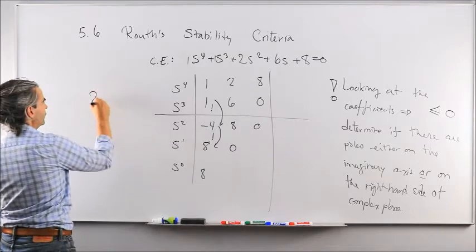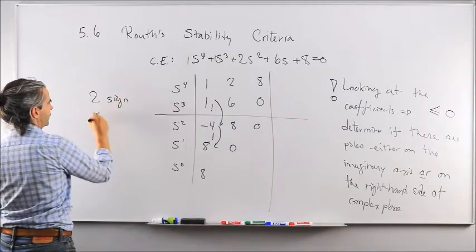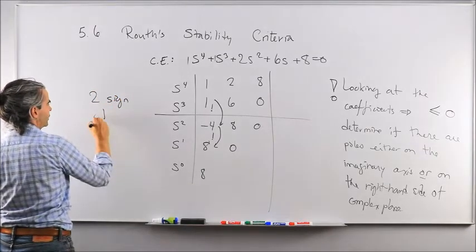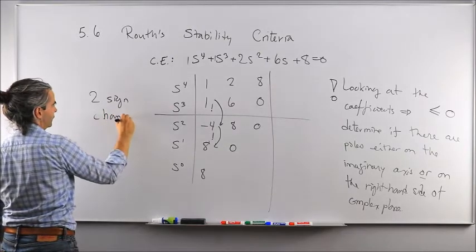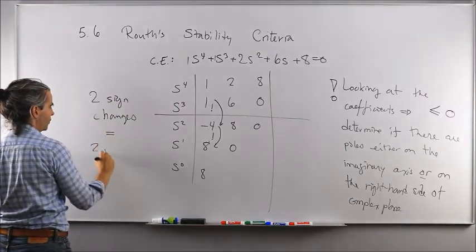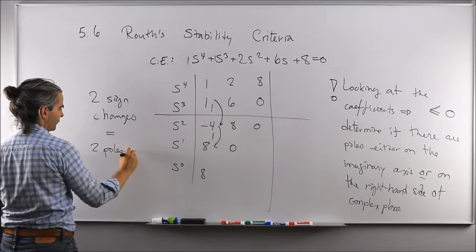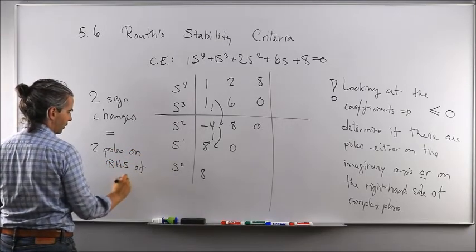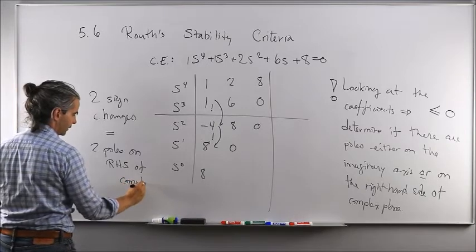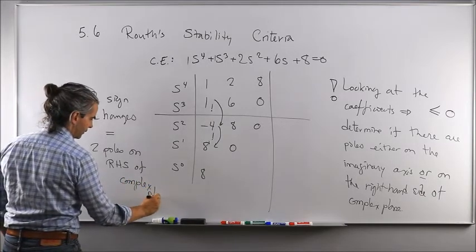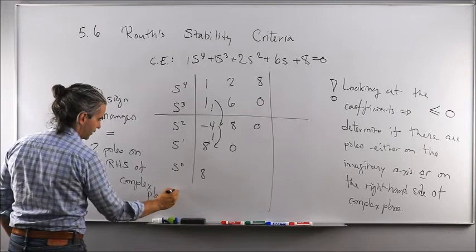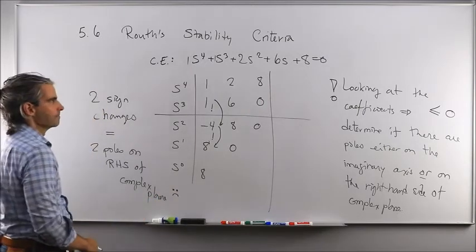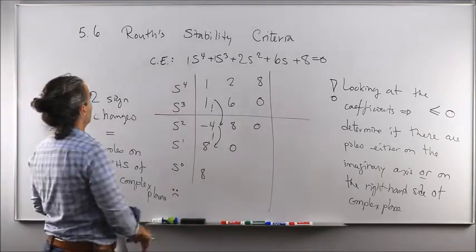So, two sign changes, meaning that I have two poles on the right hand side of my complex plane. And that is not good news. Okay? All right.